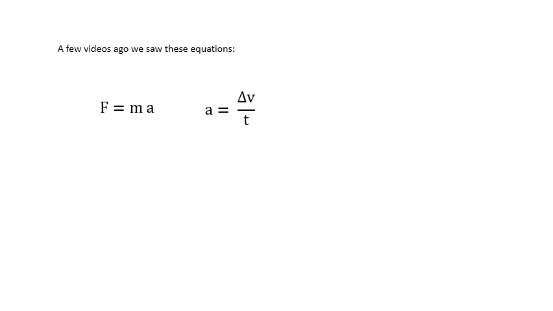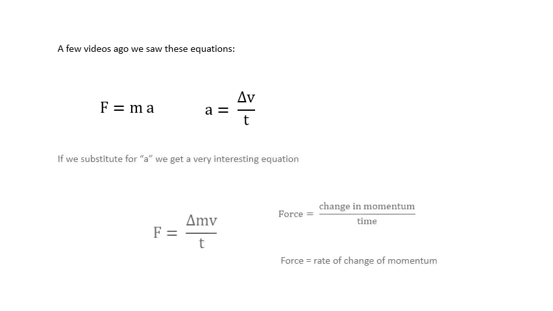Now what we're going to do is combine them and get a different equation. If we substitute for acceleration, we get F equals delta mv over t. Now mv is momentum, so delta mv is change in momentum.